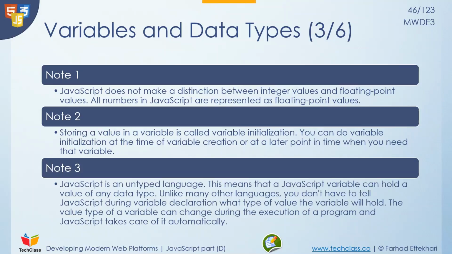This means that a JavaScript variable can hold a value of any data type. Unlike many other languages, you don't have to tell JavaScript during variable declaration what type of value the variable will hold. The value type of a variable can change during the execution of a program, and JavaScript takes care of it automatically. It makes it a bit flexible for a developer to work with variables. Of course, for validation, it comes a little bit tough, and then the developer itself needs to take care of that part. Maybe later on we discuss that a little bit.